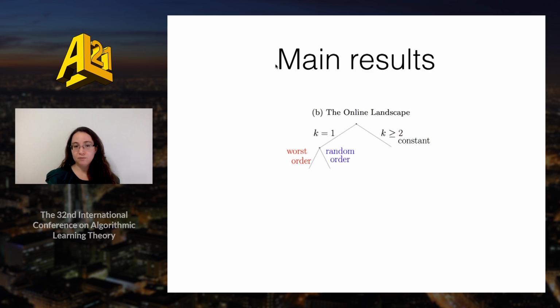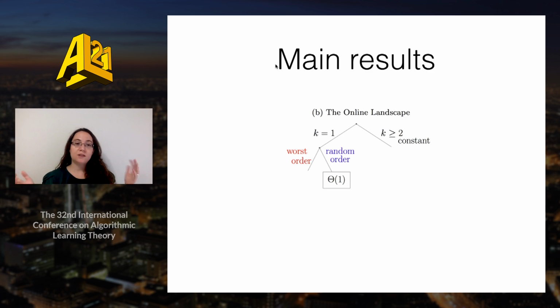If we have a cluster and we take a random point in it, it's going to be a good center, probably. Given this fact, it's easy to know how many points we need to take as centers in the case of k equal 1. We basically can just take the first point as a center. Okay, so we don't need to take a lot of points as centers to get a constant approximation.